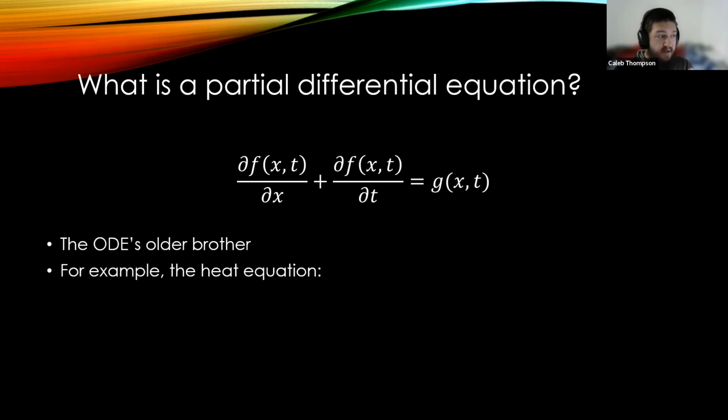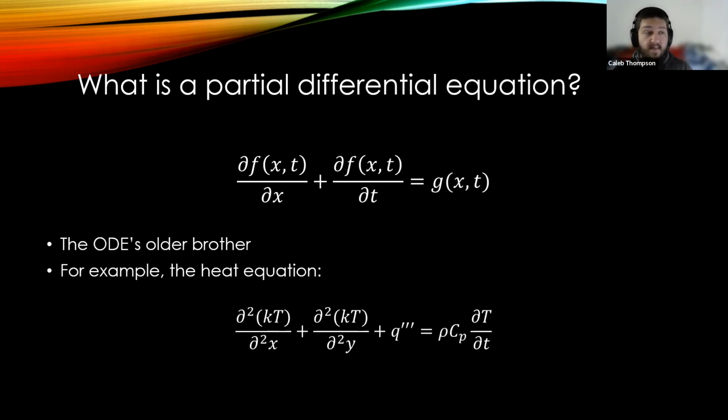So for an example, here is what's called the heat equation. What this says is, this describes how temperature changes across a surface, specifically via conduction in this case. But you can see you've got a second derivative of conductivity, which is how heat transfers through a plane material, times temperature. This is a heat generation term. And then you have a time differential here on the right-hand side.